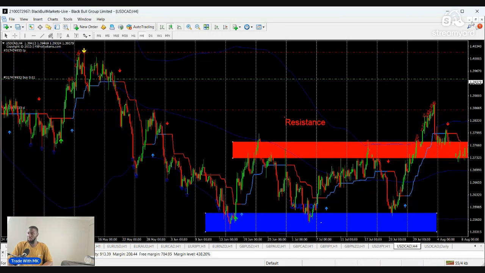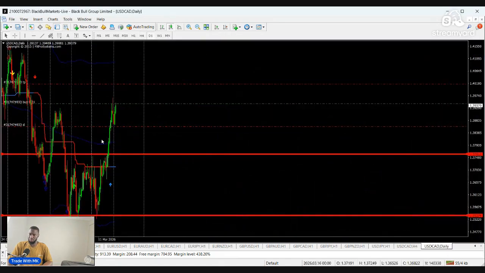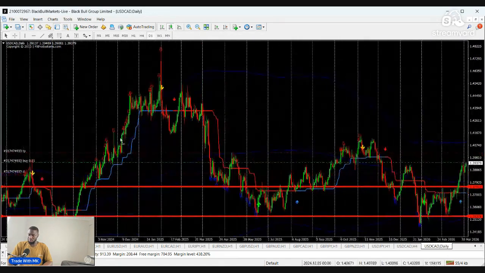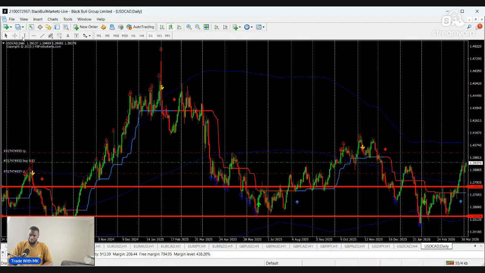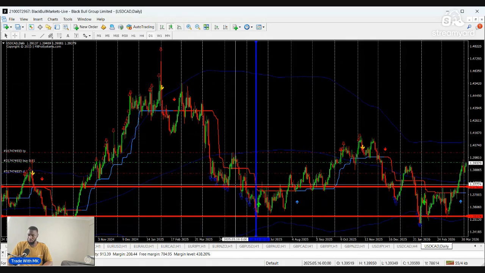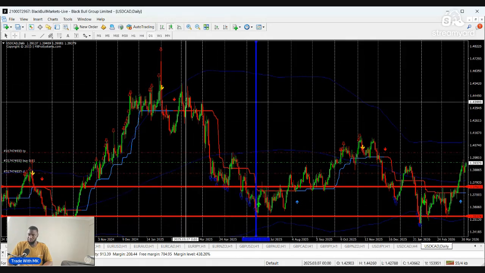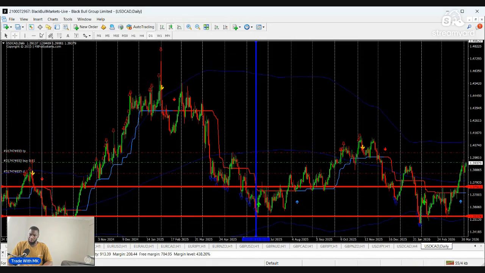So I go to my daily time frame, which is June 13. The market was here at that time, this blue line here. If I were to look, I'll draw my trend line.